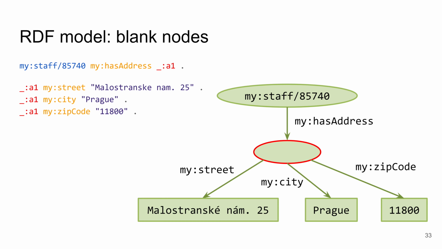Not always do we need to identify things or resources in RDF with IRIs. Sometimes it might be beneficial to not assign an IRI to a thing. Every time you assign an IRI to a thing, you make a commitment to manage this IRI, to make sure that it doesn't change, to make sure that it stays accessible if it is a URL.